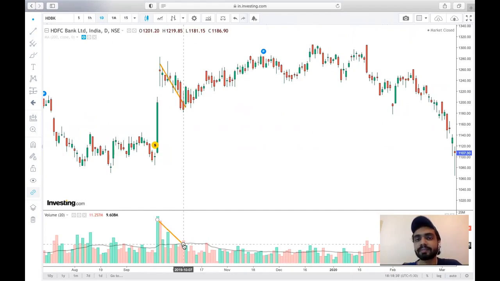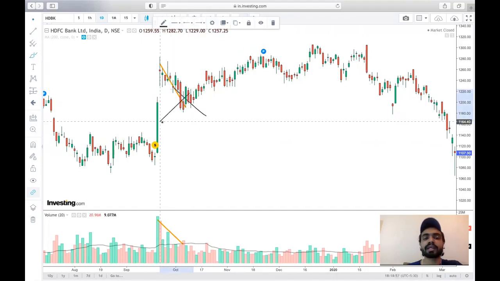So if there's buying in the market, if there's a bullish trend and the volumes are increasing, it shows that more and more people are willing to buy the stock. And if more people are willing to buy the stock, the uptrend will be sustained. Similarly, if there's a downtrend and the volume is increasing, it shows that more and more people are now willing to sell the stock. And since there is selling in the market, that downtrend will sustain. But in this case, it did not sustain.